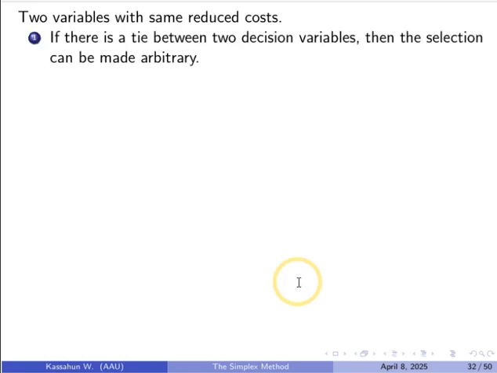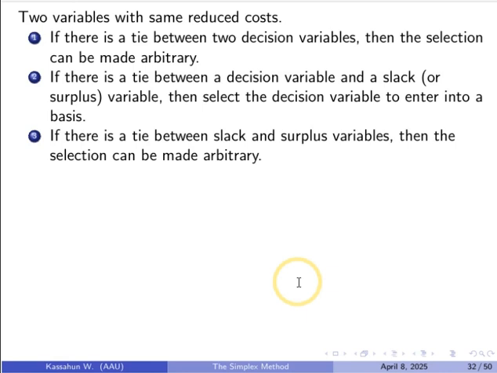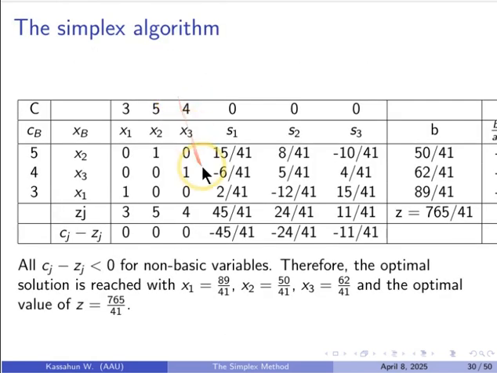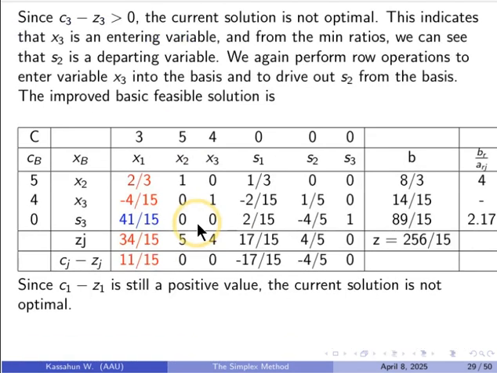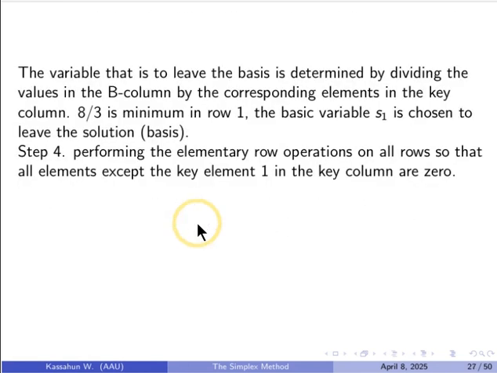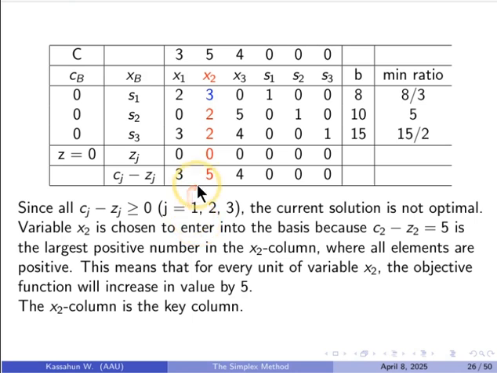Now, two variables with same reduced costs. If there is a tie between two decision variables, then selection can be made arbitrarily. Now here in the table, let's say in the beginning, identical values 5 5, then you can select one of the two arbitrarily.